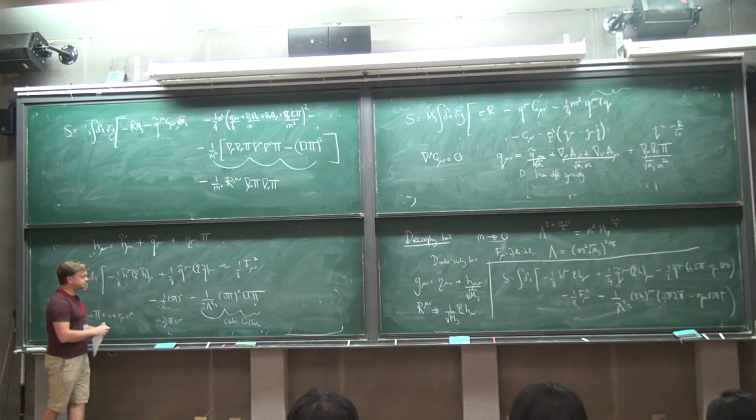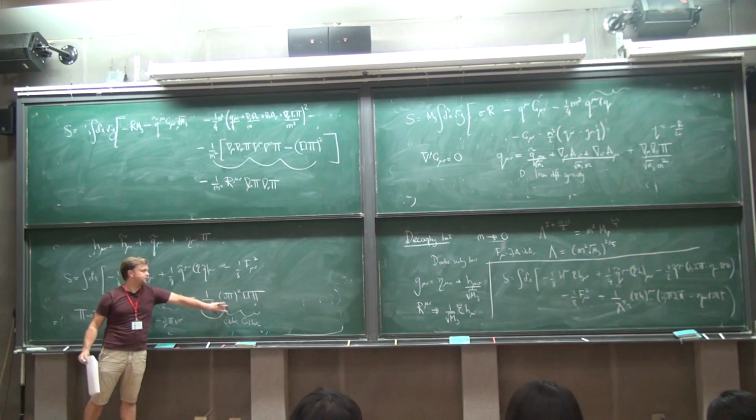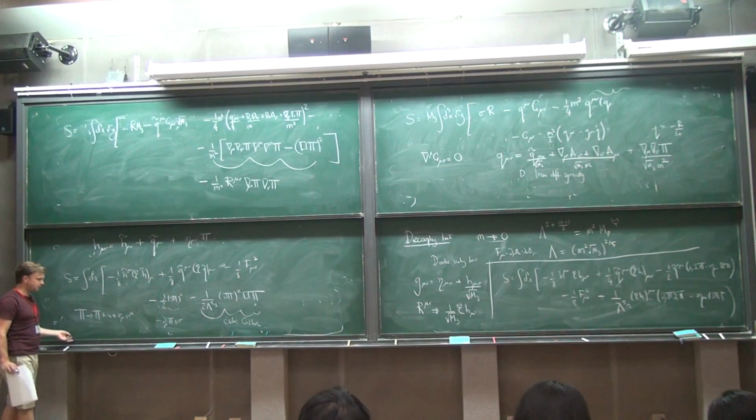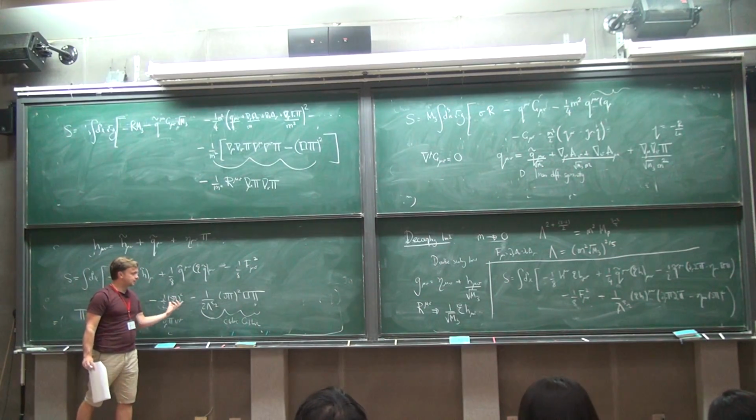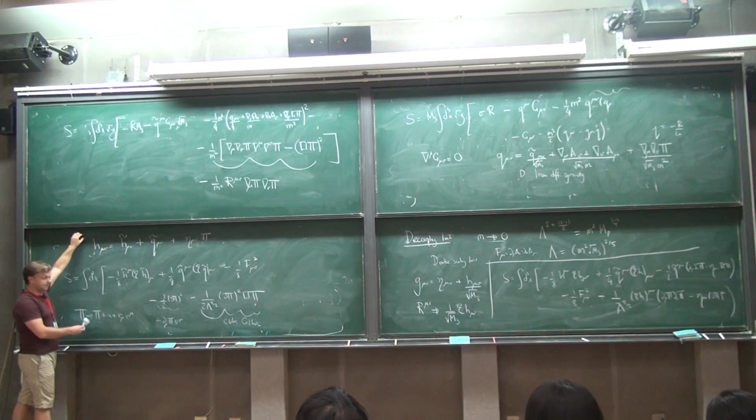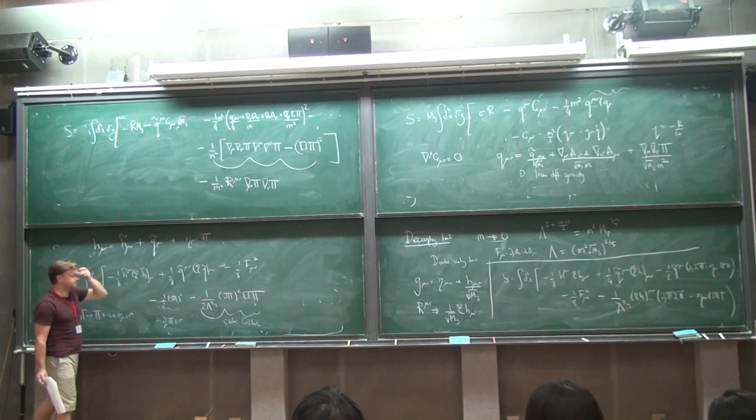But this is a total derivative. And similarly, this piece, although the Lagrangian is not invariant, it transforms into a total derivative, so the action is invariant. So, as promised, this Lagrangian is precisely that of a Galileon, which exhibits this Galilean symmetry.